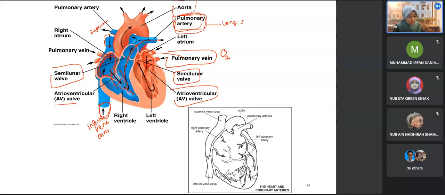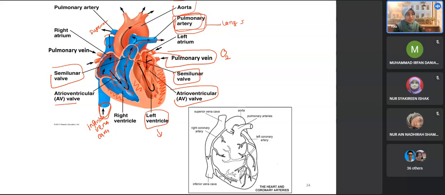Another thing, if you observe the structure of the heart, you will see that the wall of the left ventricle is much thicker compared to the wall of the right ventricle. This is because the left ventricle has to pump with great pressure, so that high blood pressure is generated for the blood to flow out of the heart and enter the systemic circuit.